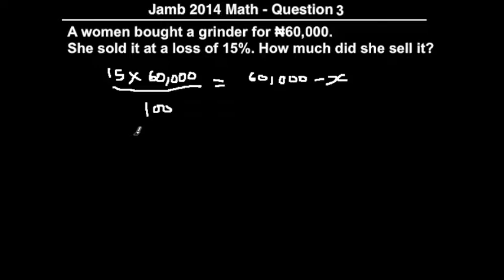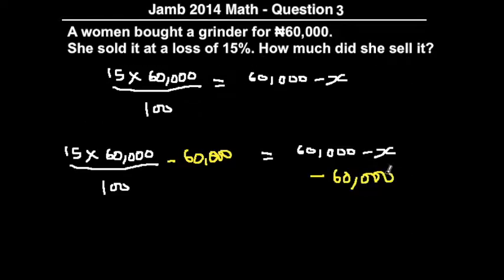So if we subtract 60,000 from both sides of the equation, we end up with what you see here.